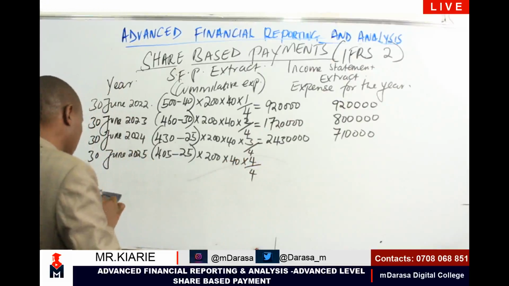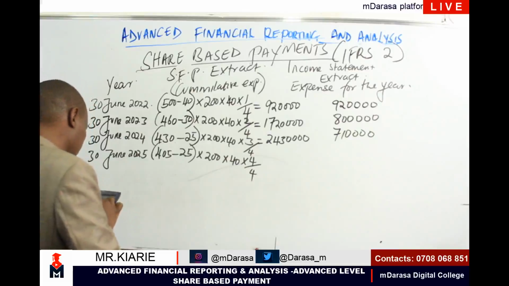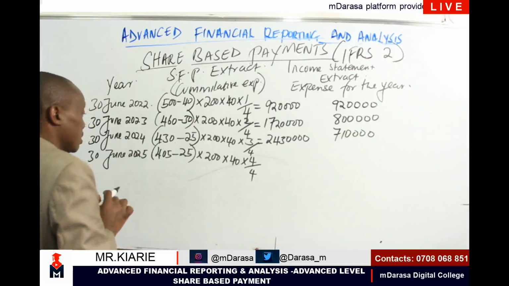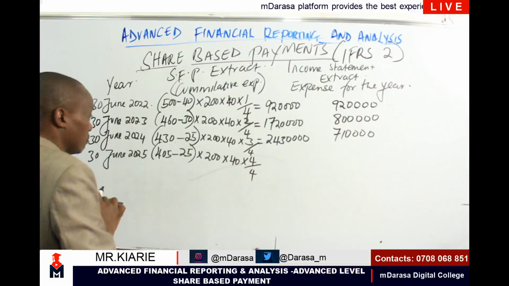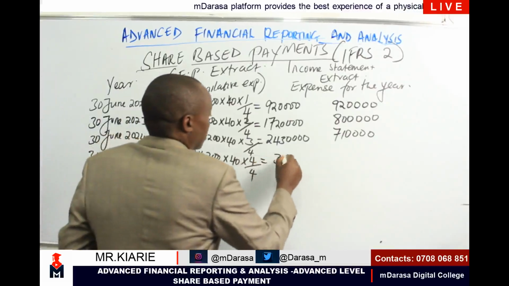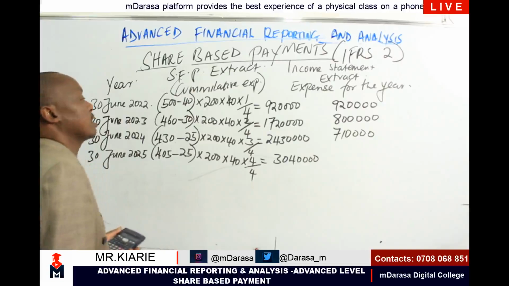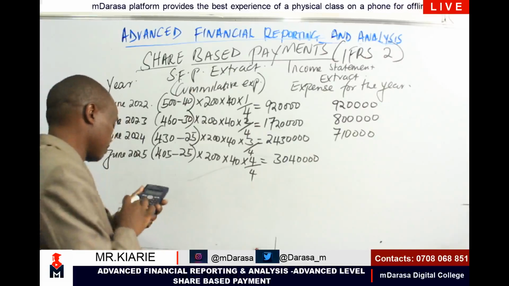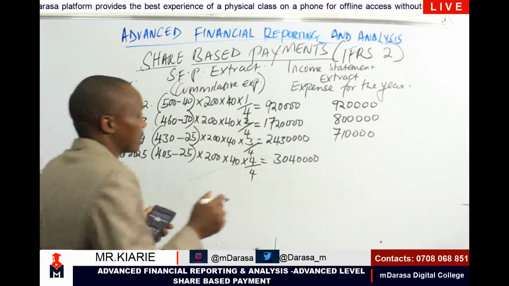So 380 times 200 times 40, it gives me 3,040,000. Once I subtract the cumulative expense of the previous year, I get 610,000.